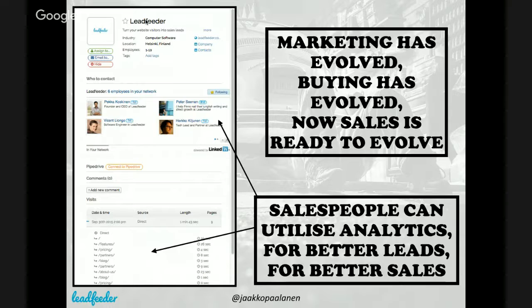So look them up on LinkedIn and maybe on Twitter, and use those tactics I talked about before. And in some cases, if you only see the company name and their behavior, you will still see the location from where they are. So it doesn't matter if it's a big company. You will still know that this kind of behavior would be ideal for a certain team in the company, and some of those, or maybe only one person, is the right person for you to contact.